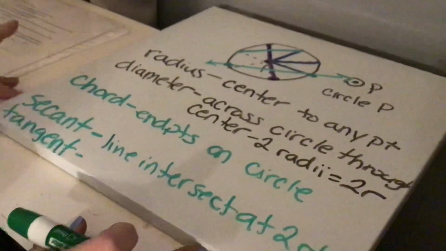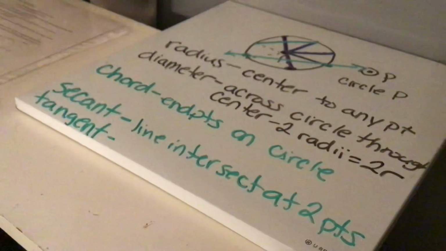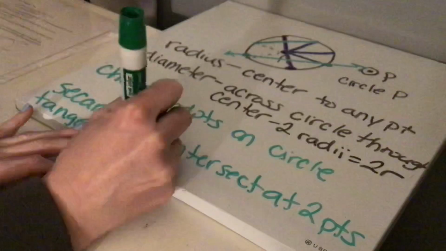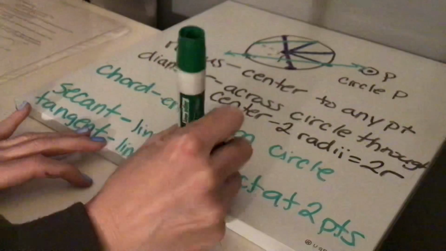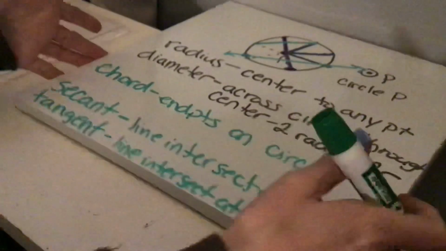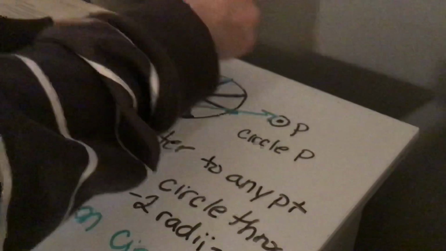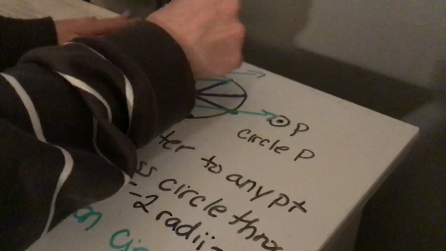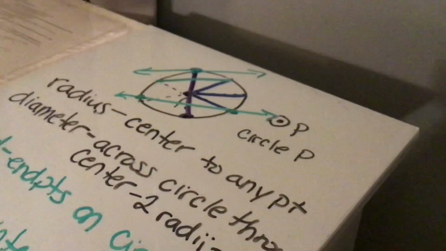A tangent is a line that just touches your circle in 1 point. So I'll put it on here. This would be a tangent. It's intersecting right here at one singular point.